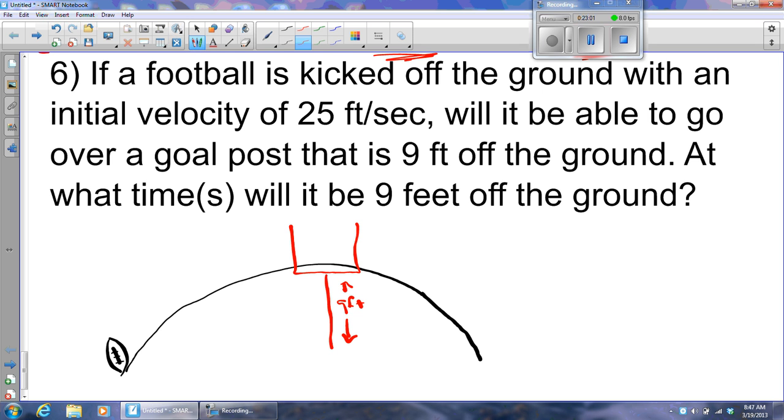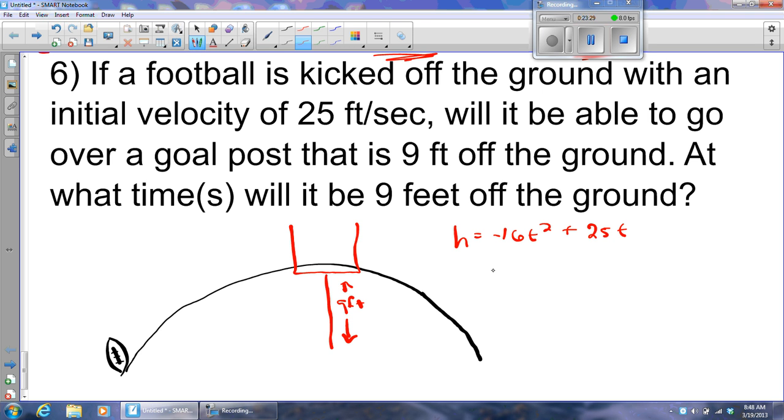So again, h equals negative 16 t squared plus 25 t this time. The ground is 0. Now the height is 9 feet. I don't need to plug anything in. This is asking me what the max height of the parabola is, or what the vertex is. If I just find the vertex, I'll be able to answer the first question.